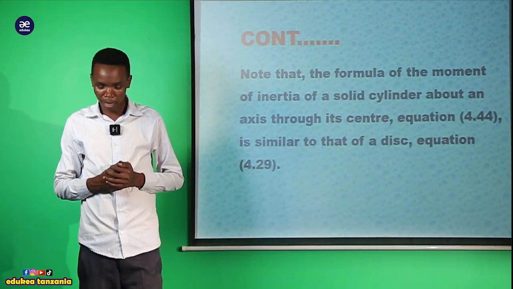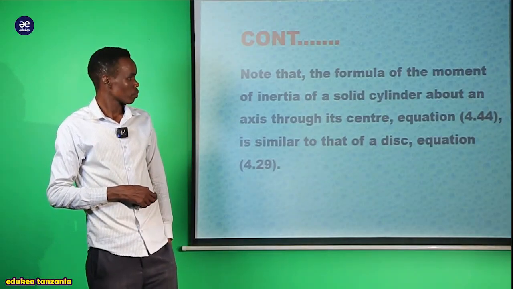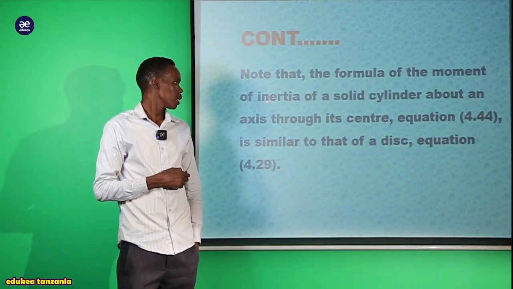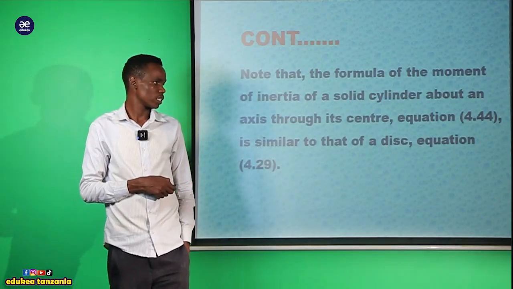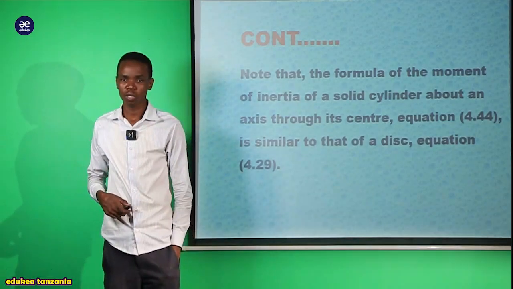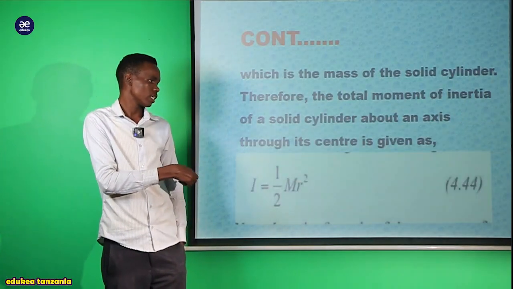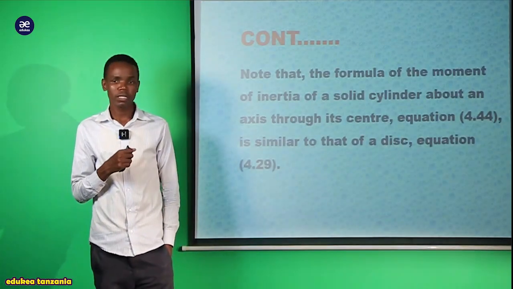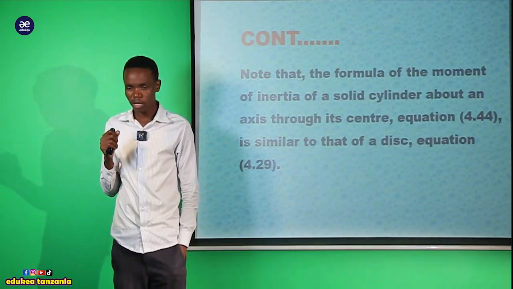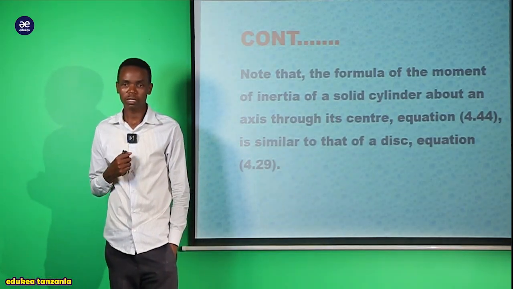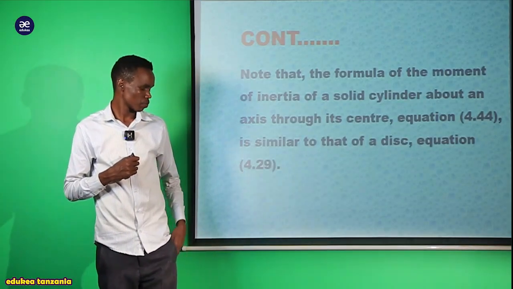So after this one, my dear student, the key point to note is that the formula of the moment of inertia of the solid cylinder about an axis through its center is equation number 1. Equation number 44, this equation here, represents the formula of the moment of inertia for the solid cylinder, my dear students.